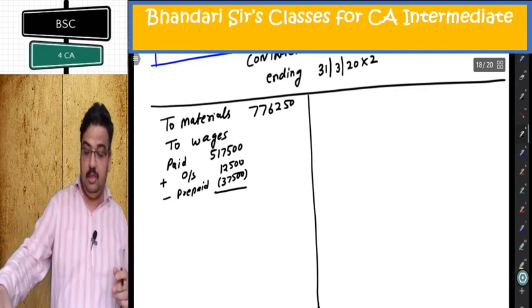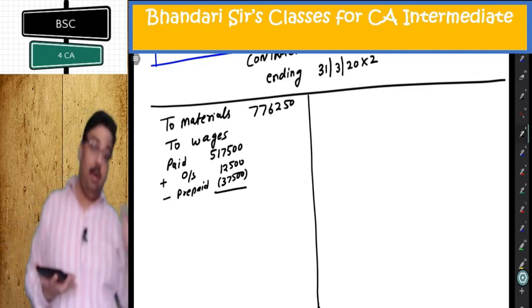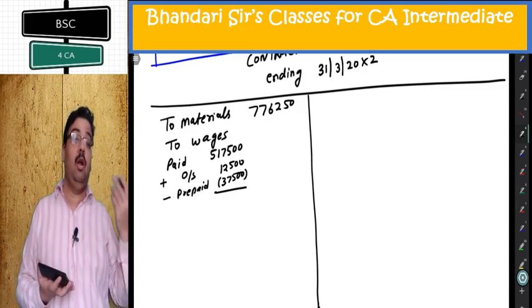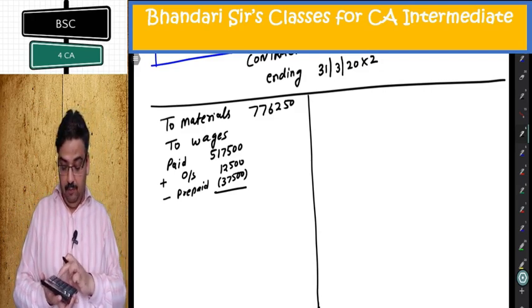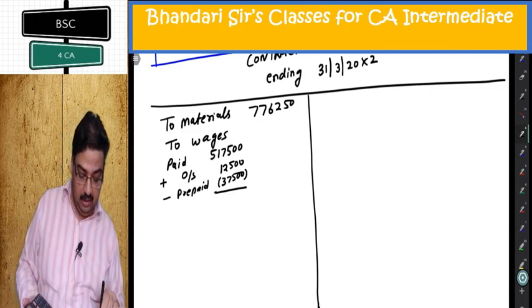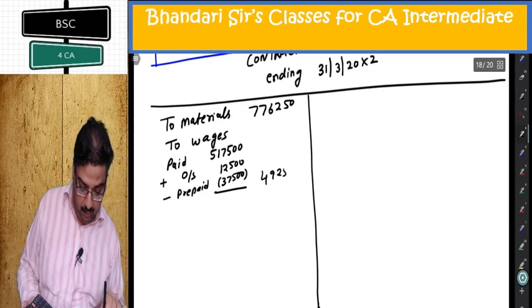So all will be adjusted here. When you make the memorandum contract, intermediate items will not affect. 517500 plus 12,500 minus 37,500, I'm getting 492500.